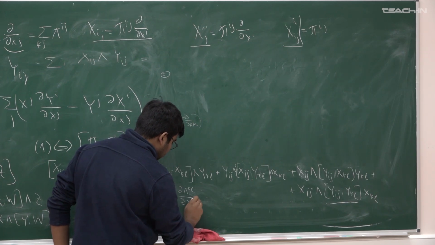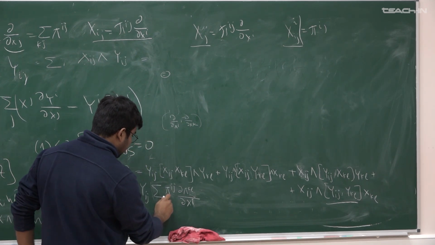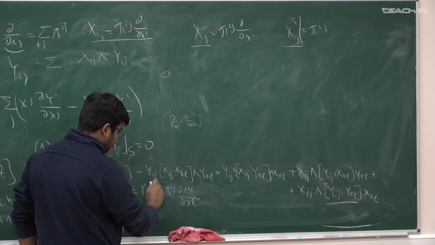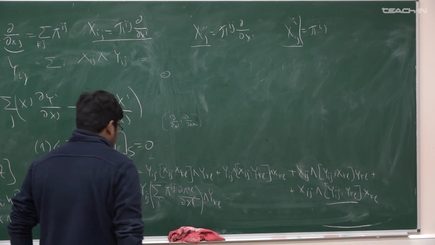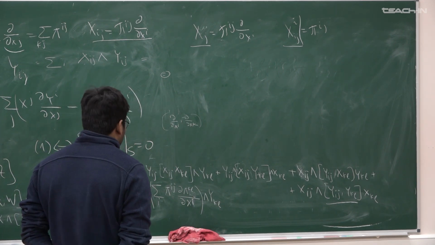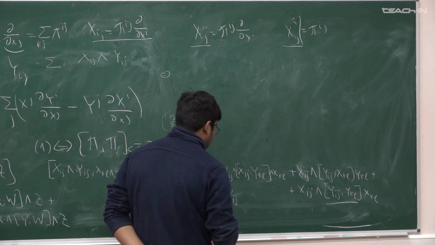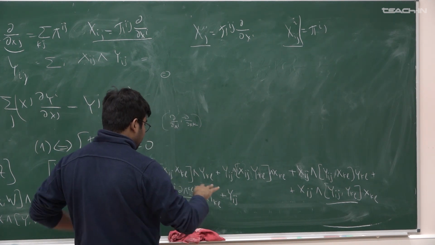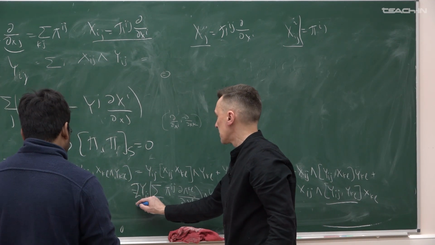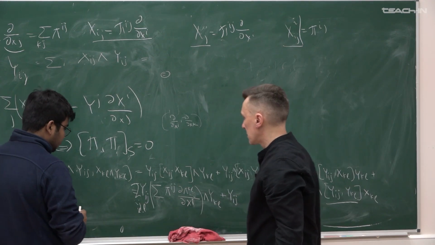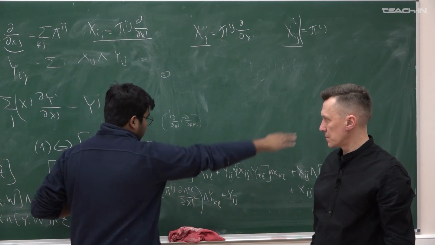And the sum goes over i? Yes, over i. But you see, the sum over i is here, because it also contains i. So here we have no summation. It's the overall sum that goes over all terms.